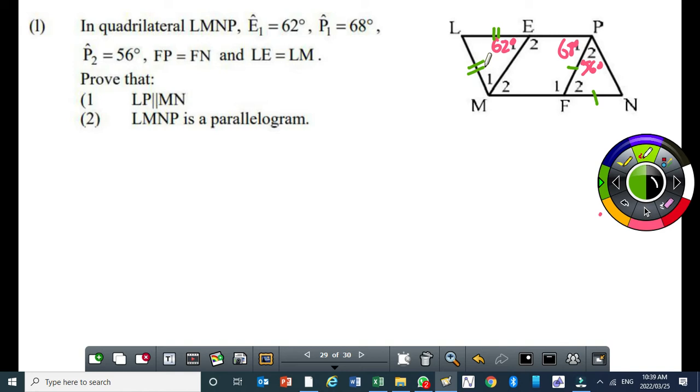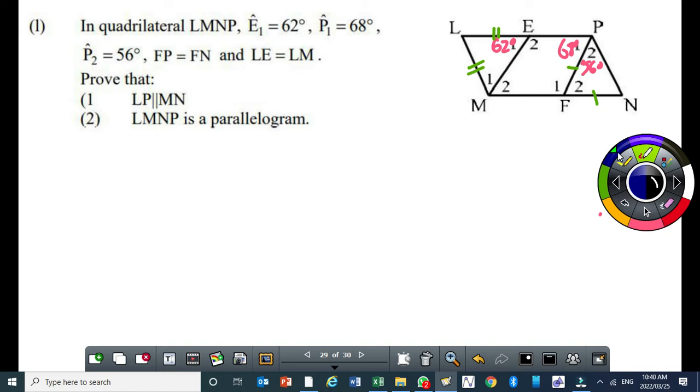Now in my case, I'm just going to prove that P1 is equal to F2. That's how I'm going to do it. So I need to calculate what F2 is. If F2 is equal to 68, then I'm done with that question. Now, it's not that complicated to prove that F2 is equal to P1.